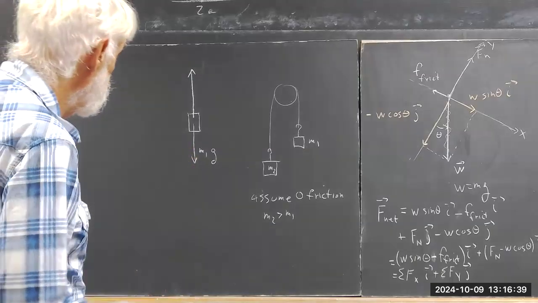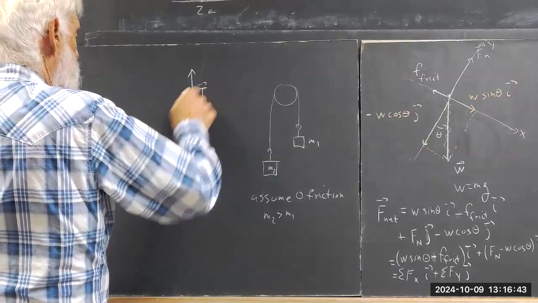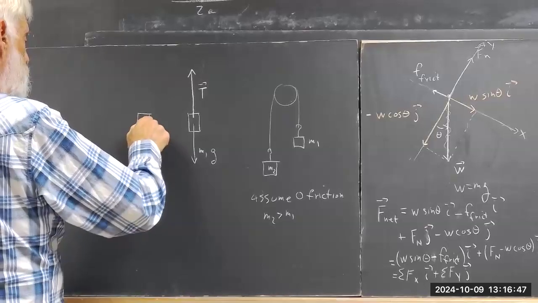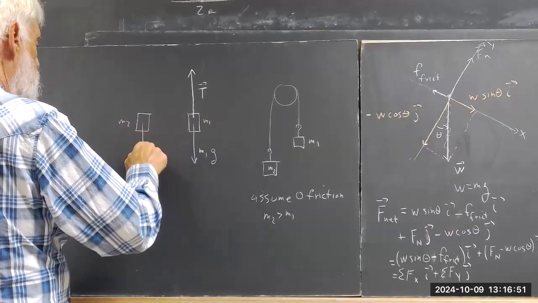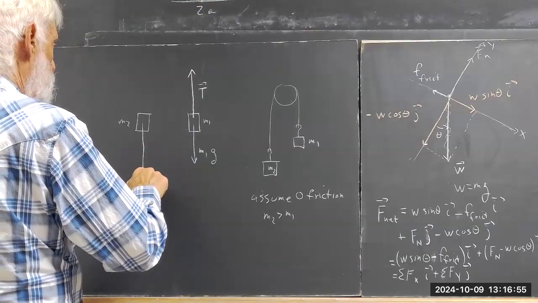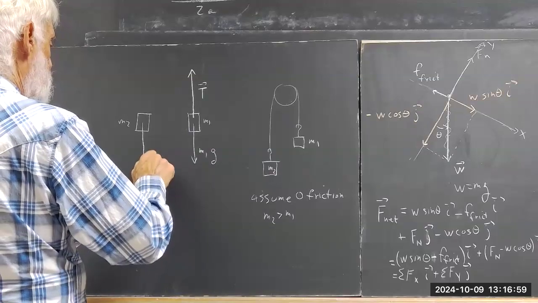Okay. And then we got M2, where we got M2G, which is bigger than M1G, right? It's clearly bigger.